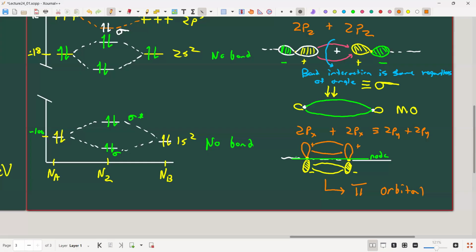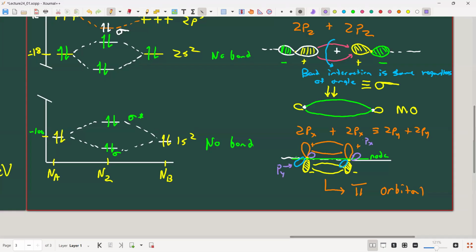And pi orbitals, we have two of them. There's the px's, but there's also the py's out of the plane, which I'll just draw in a different color. We have the px's on this plane, and they form exactly the same interaction, but perpendicular.